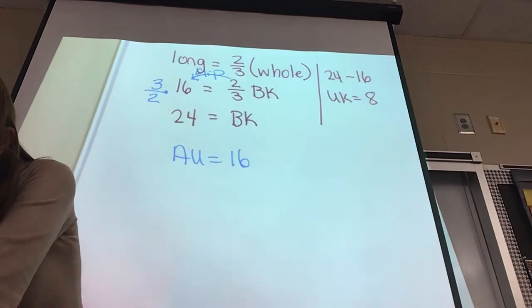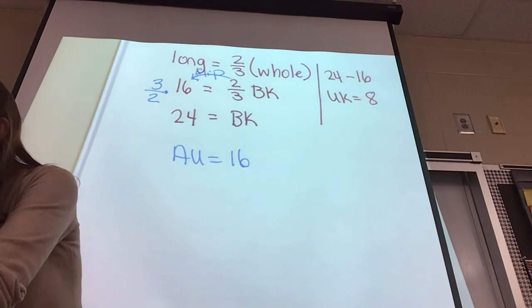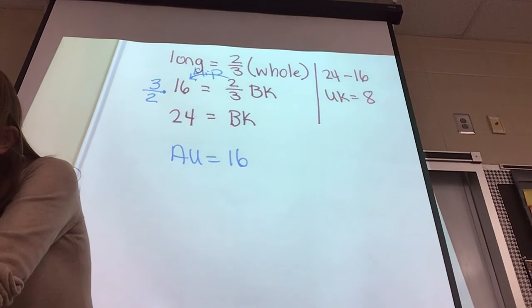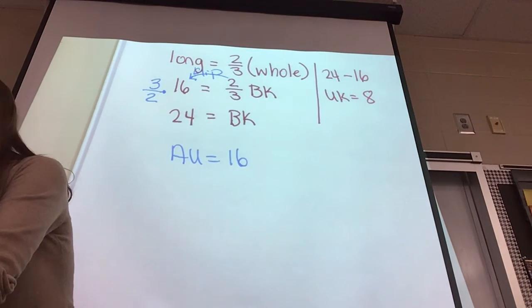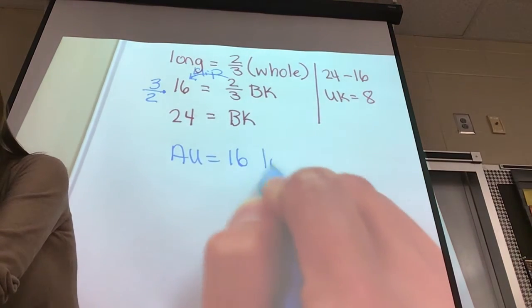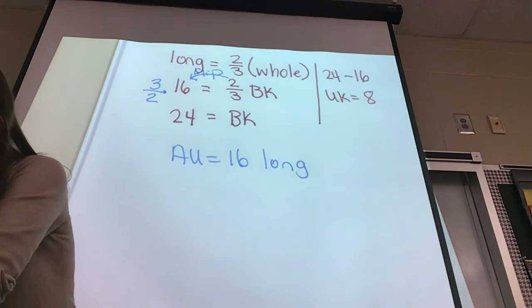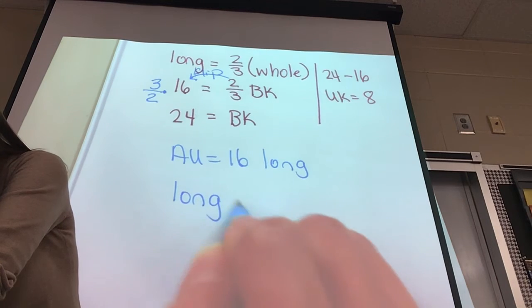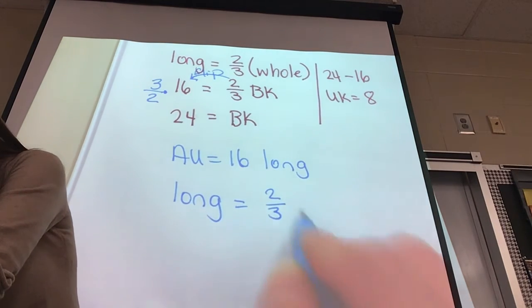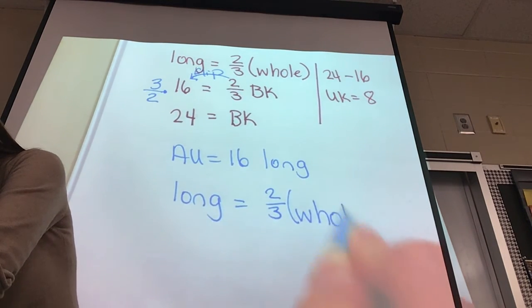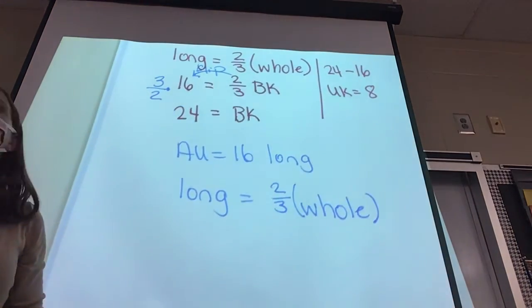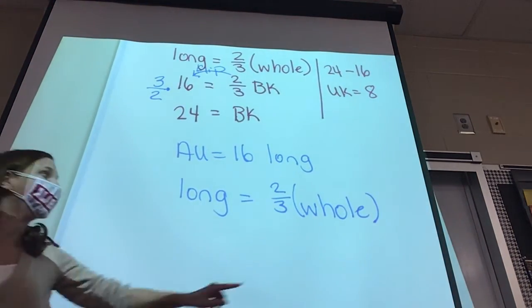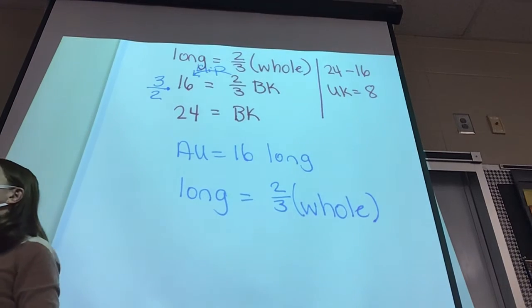I know that is what piece? Short, long, whole, what? What is AU? Long. So that is my long. So if I take my form, which is my long equals 2/3 of the whole, and plug it in like I did a while ago, I can find the whole length.